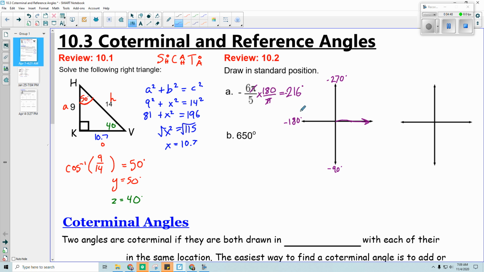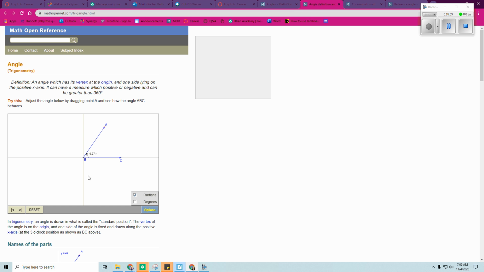So negative 216 is somewhere in between the two, and I just kind of roughly sketch it. It's probably somewhere about here. Then I draw my arrow of rotation, rotating clockwise to get to negative 216. We can always verify with that tool that I showed you yesterday, so negative 216, yep, right around in there.